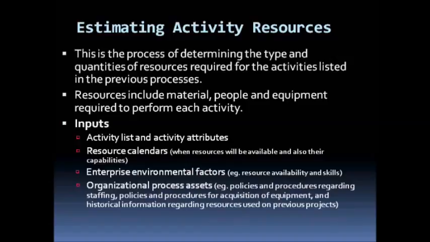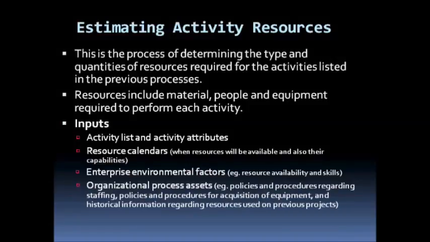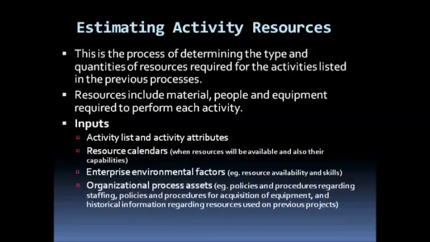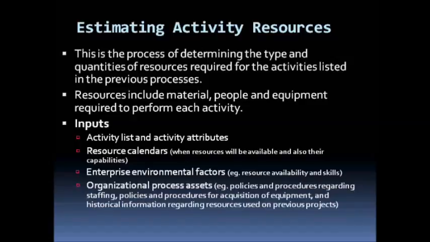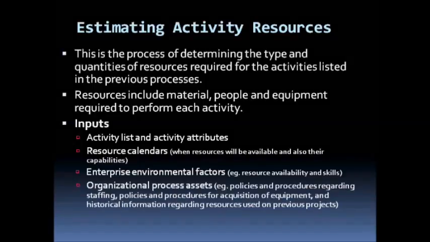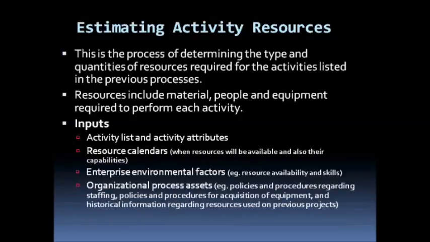Then our organizational process assets, which could include policies, procedures regarding staffing, for instance, policies and procedures for acquisition of equipment, historical information regarding resources used on previous projects. All these could be useful inputs when determining the resource needs of the activities on our project.